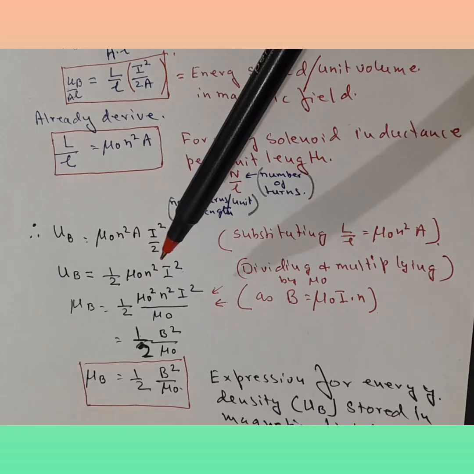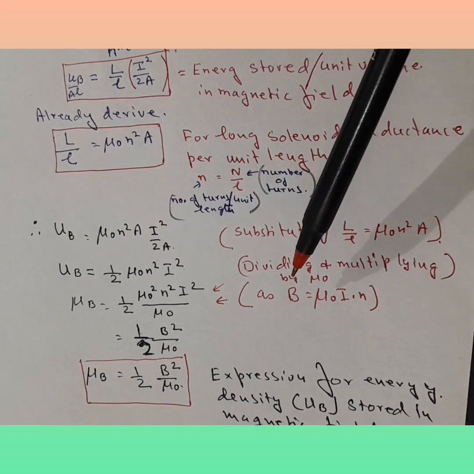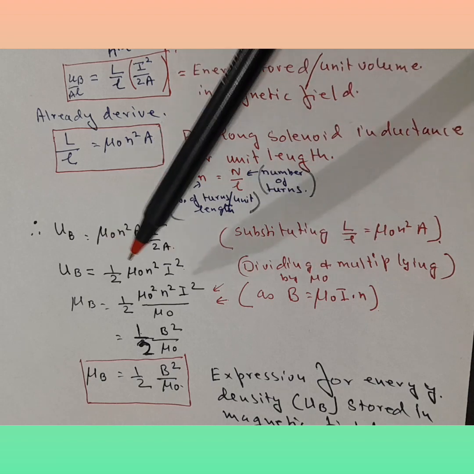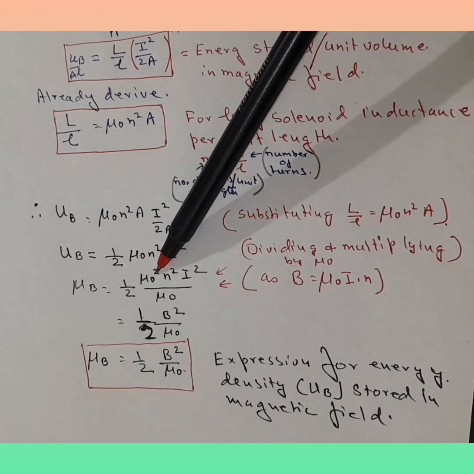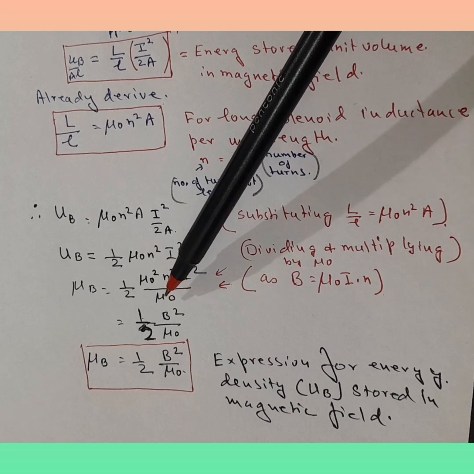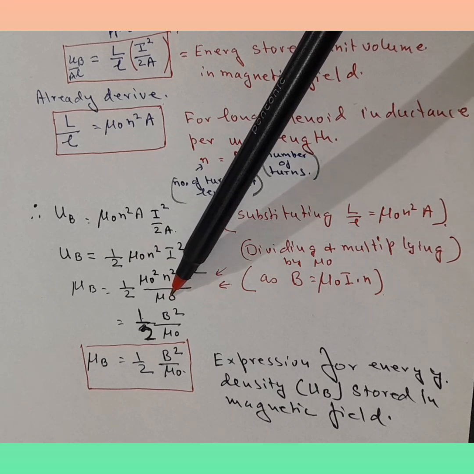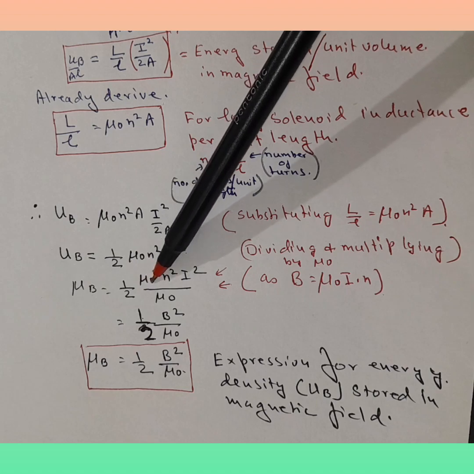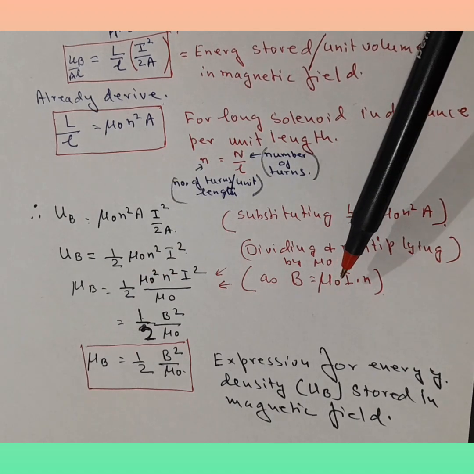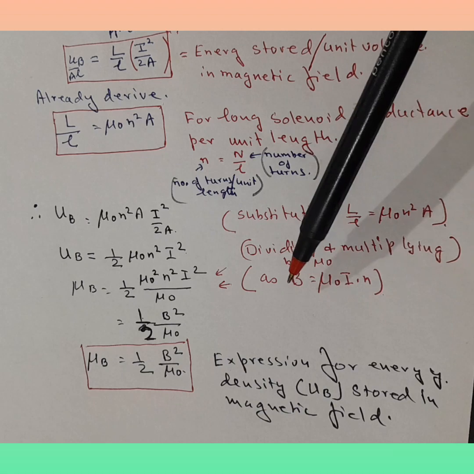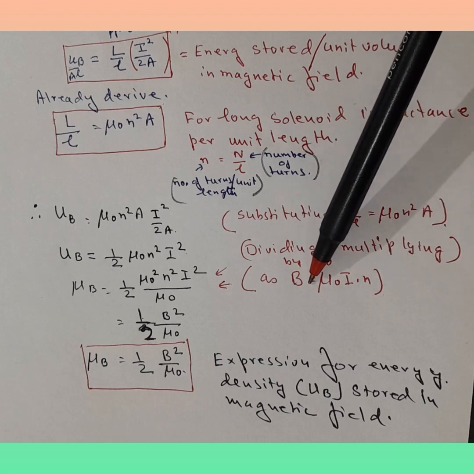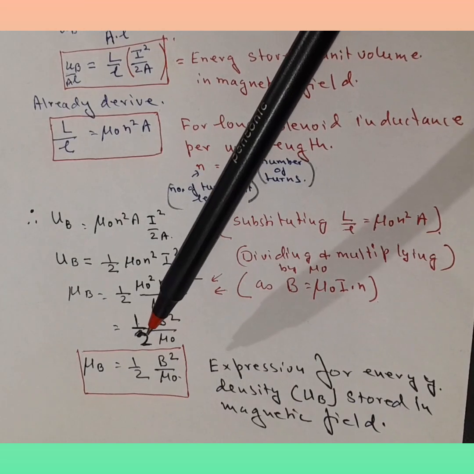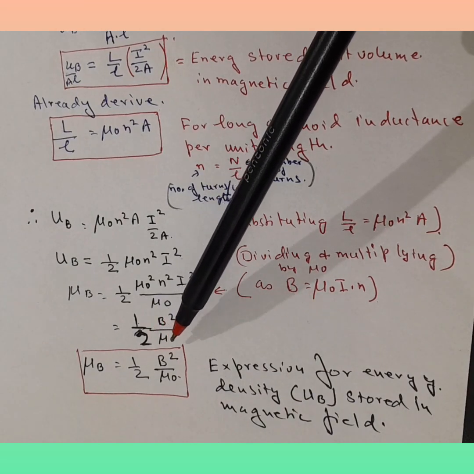Now we divide and multiply by mu 0. On dividing and multiplying by mu 0, this forms mu 0 square, and the divided mu 0 remains as it is. Now we know mu 0 n i is equal to B. So this becomes half B square over mu 0.